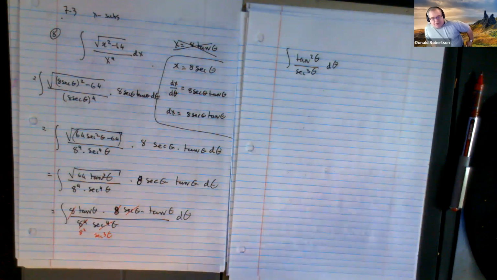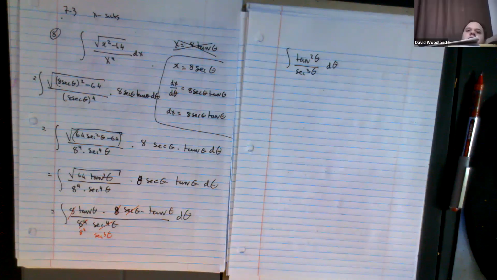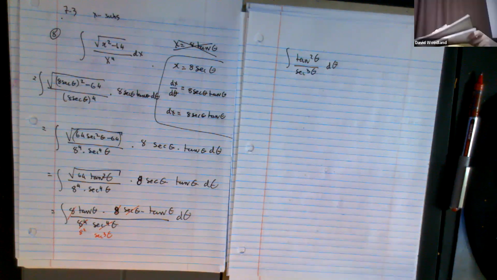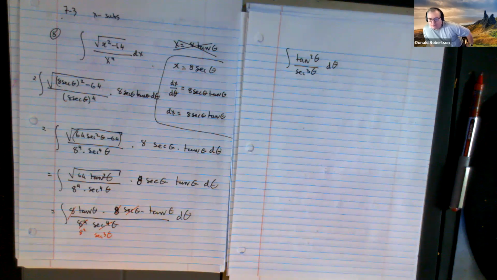One of them is that just because something looks like this doesn't mean it has to stay looking like that. Right now, I can imagine some situations where that would be fine. But if I try to do a U sub right now, the candidates I've got are U sub equals secant theta or U sub equals tan theta. I don't think I like either of those two because they don't do anything.